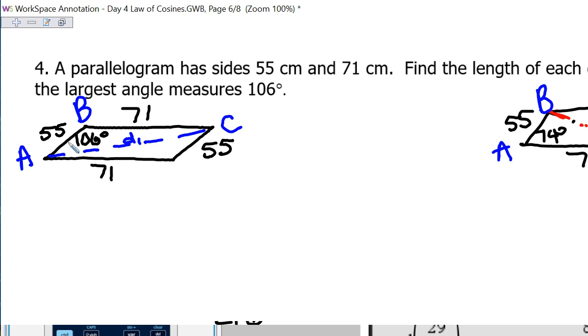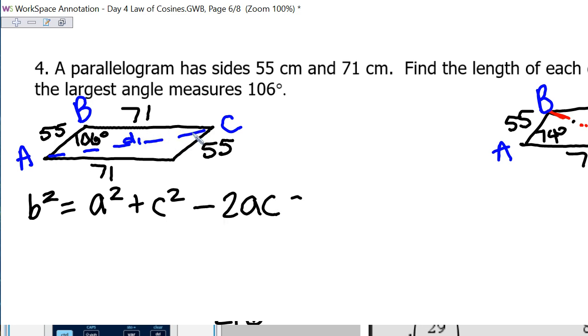Okay, so looking at my first parallelogram, if I want to solve for diagonal 1 and we have angle B, do I use the formula with a squared, b squared, or c squared? B squared. So this would be b squared equals a squared plus c squared minus 2ac cosine of angle B. The side opposite of B is the diagonal.